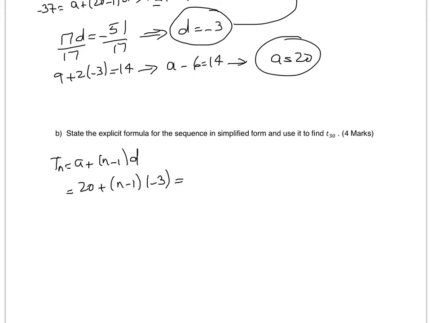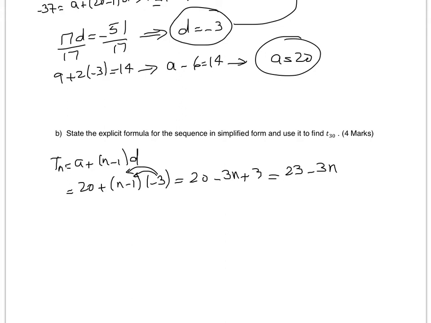If I simplify this, I get 20, and multiplying negative 3 inside the bracket, I get negative 3n plus 3. Negative 3 times negative 1 is plus 3. So if I simplify this, I get 20 plus 3 is 23 minus 3n.